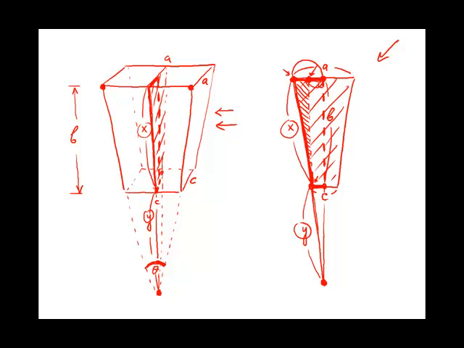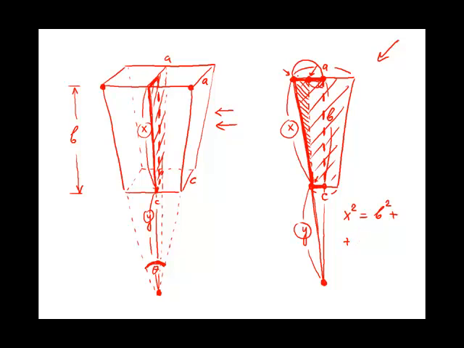So what I want to do now, I want to apply the Pythagoras theorem to this shaded triangle. What the Pythagoras theorem says? It says x squared, the square of the hypotenuse, is equal to the square of one side plus the square of the other side.